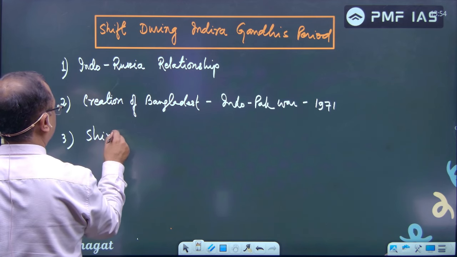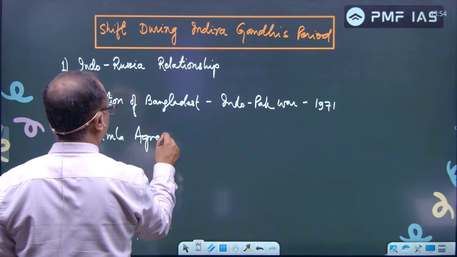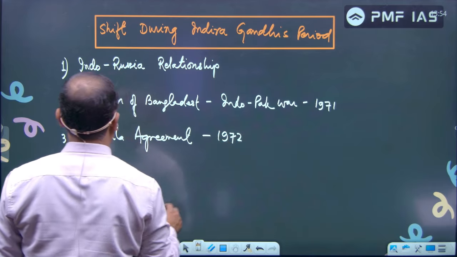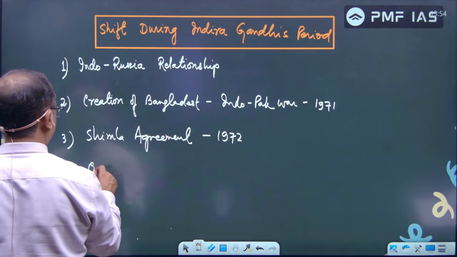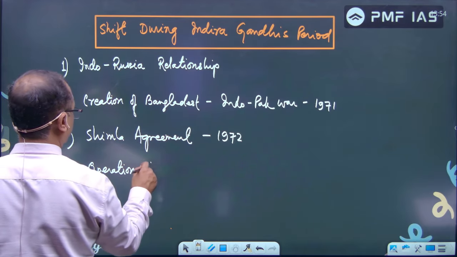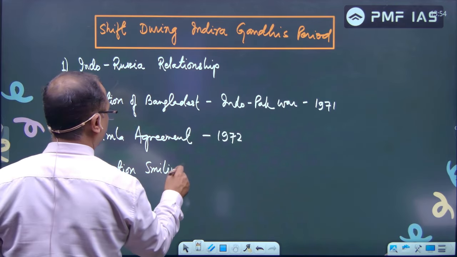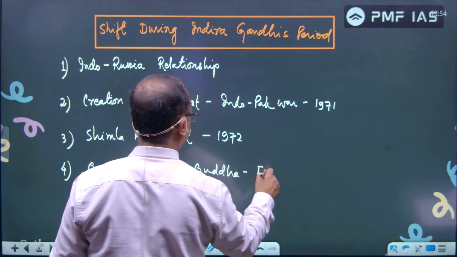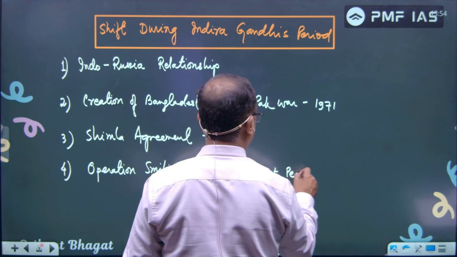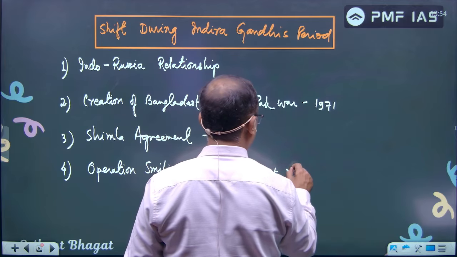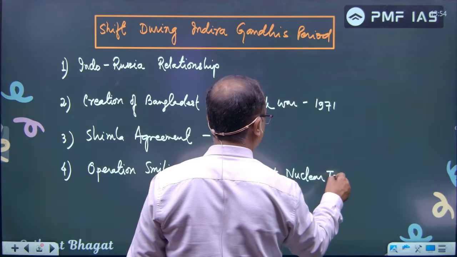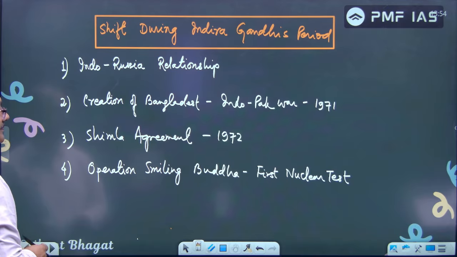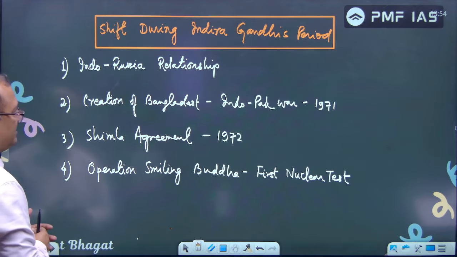The Simla Agreement, 1972. Operation Smiling Buddha, the first peaceful, or it's better to write first nuclear test, during Indira Gandhi's period. Major events during Indira Gandhi's period are these.